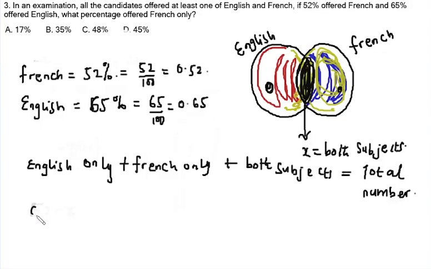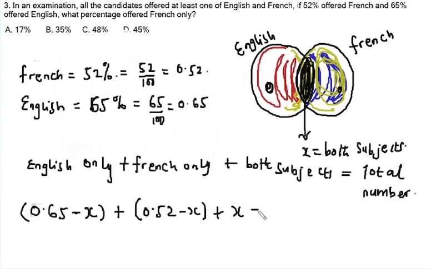English only can be said to be 0.65 minus the people that offer both subjects, plus the people that offer French only, French minus the people that offer both subjects, which is 0.52 minus X. And then the people that offer both subjects, we add them up. So what is the total number of people?